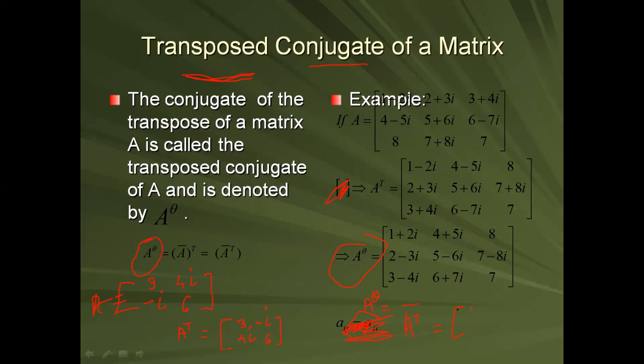Give me 3, 3 minus 4i. You are giving me A bar.